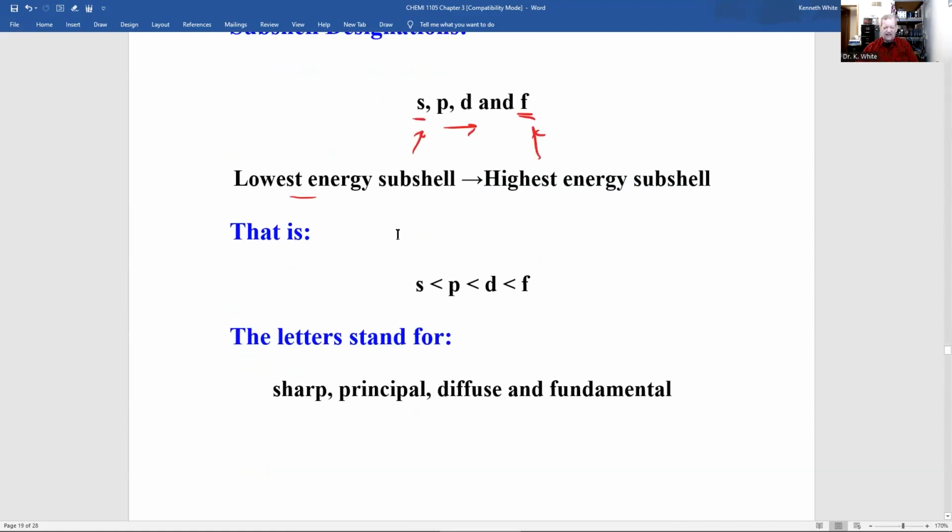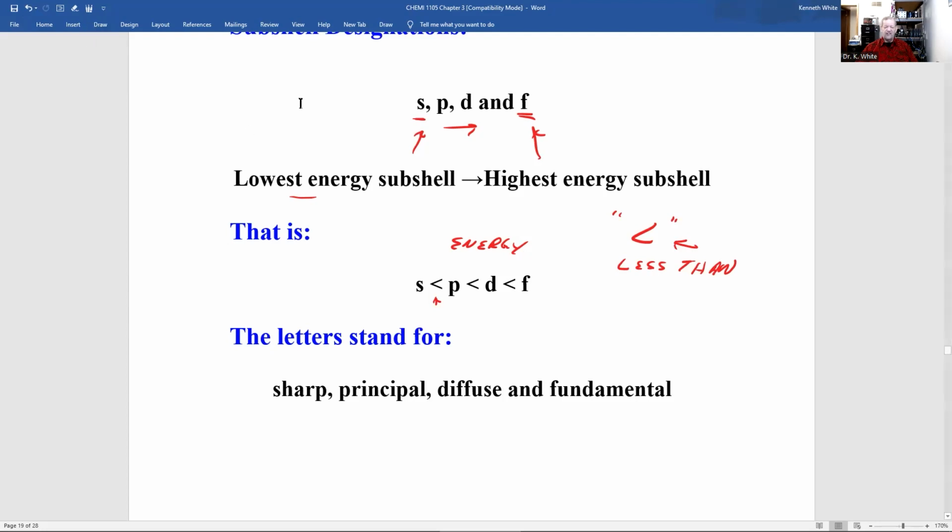Another way of saying that is, this symbol, which you see here, means less than. So the energy of S is less than P, the energy of P is less than D, and the energy of D is less than F.